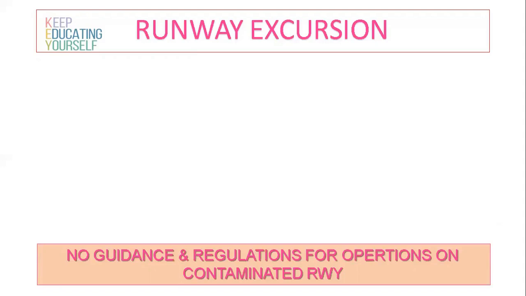So, for obvious safety reasons, pilots need relevant and reliable information about the nature of contaminants, the depth and coverage of contamination, and their effect on friction between the runway and the aircraft's wheels. Consequently, the International Civil Aviation Organization, ICAO, has developed a new harmonized methodology for runway condition assessment and reporting. This is known as the global reporting format.